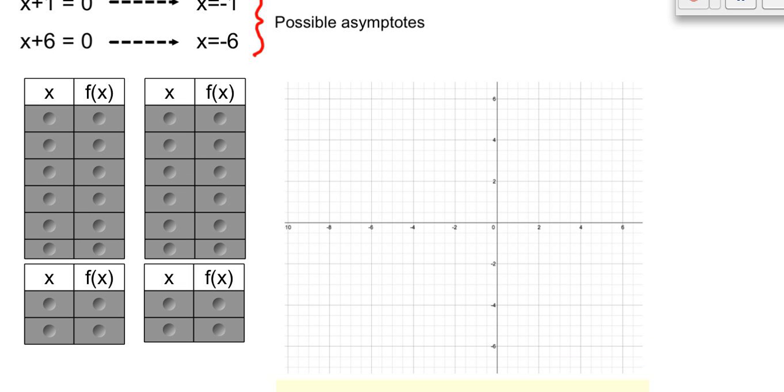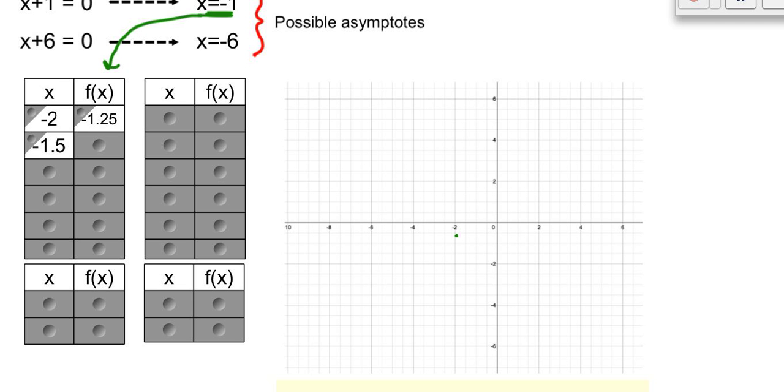In order to figure that out, we need to actually go ahead and check. So let's look at what happens as we get closer to -1 from the left, or negative side. When x is -2, y is -1.25. And when x is -1.5, I'm getting closer and closer to that point of discontinuity, x equals -1.